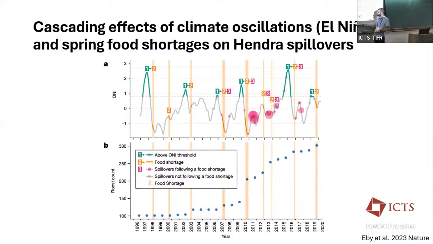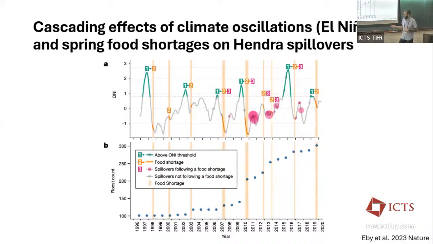And these food shortage events have had a stepwise effect on the size of roosts. Back in the 90s, we had very few roosts in the environment, but they were very large.